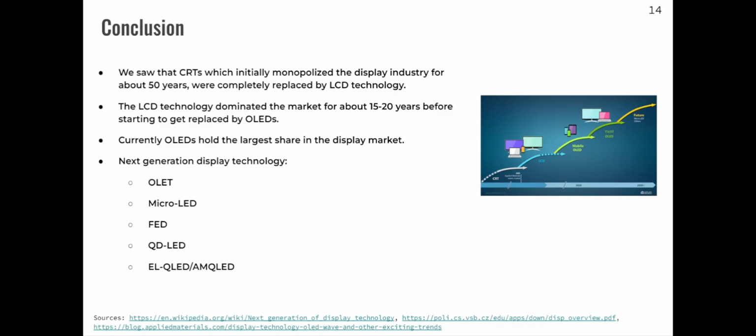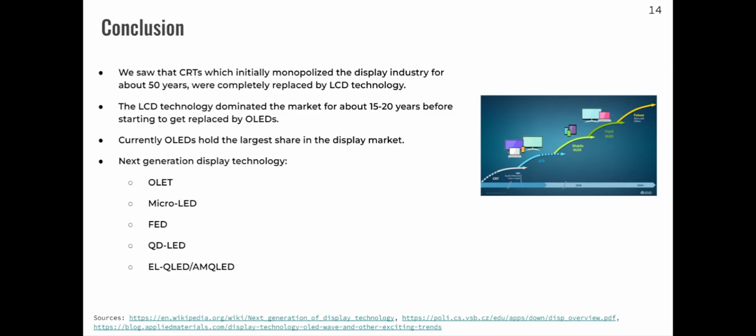Display technology is the most effective way to communicate information. As researchers continuously create innovative ideas, display technologies are becoming more and more sophisticated.